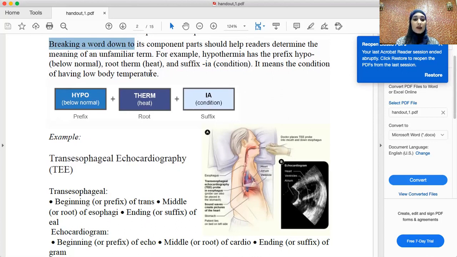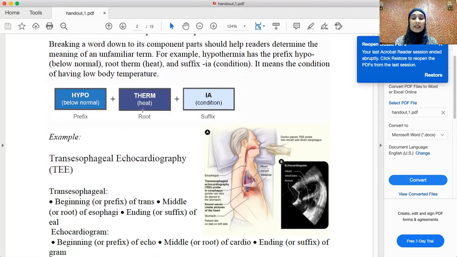So when we say hypothermia, here you can notice the vowel O. Hypothermia means the condition of having low body temperature. We have hypo means below the normal, right?